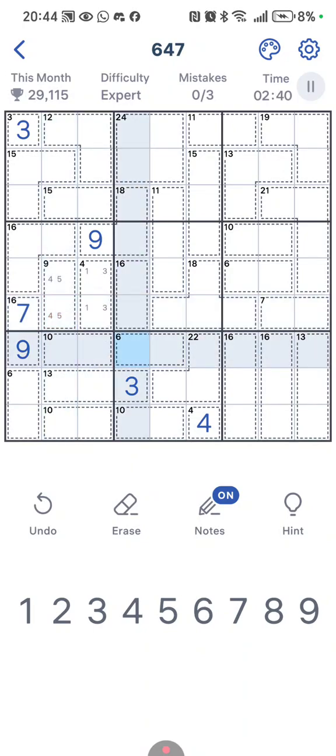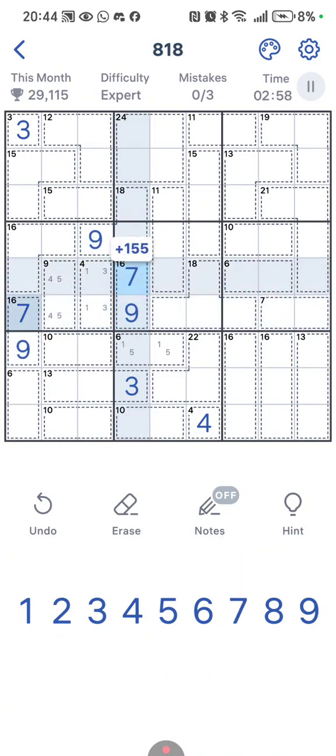Okay, also over here, this 6, it can be 2 solutions, 1 and 5 or 2 and 4. 4's there, so we know this is a 1 and 5. Up here is another 7 and 9, but we've got a 7 here, so this is 9.